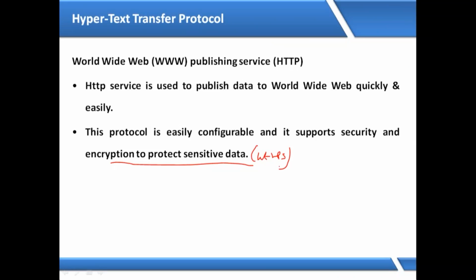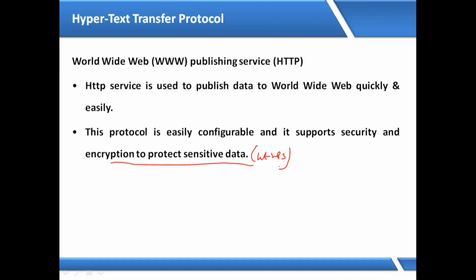In real time, for hosting a website over a public network, that is over the internet, we have to purchase the certificate from a CA, Certification Authority. For our private network within our domain, as admin, we can create a self-signed certificate.